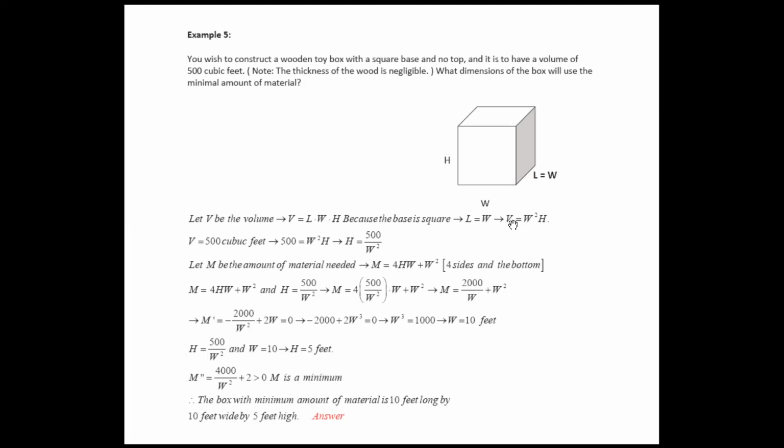So that's what the equation for the volume of the box is. We're told, however, that the volume is 500 cubic feet. So let's, in the place of V, put 500. And now let's solve for either W or H. We're choosing to solve for H. Why?